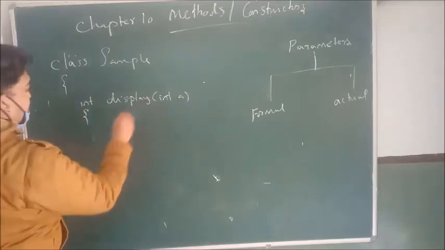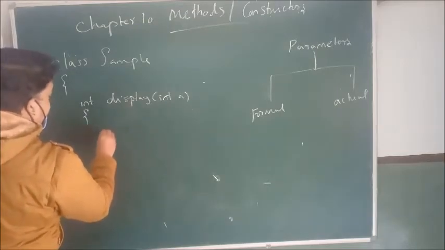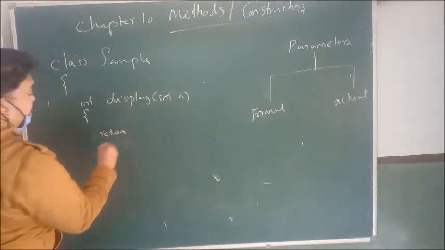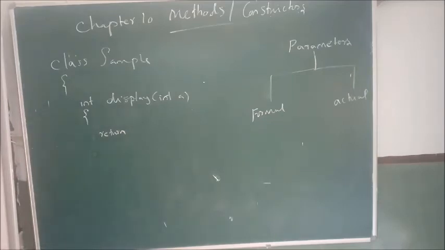Whenever there is a function return, we have to use a return statement. We learned this return statement associated with the jump statements, like break, continue, and return. Yes. So here we are giving that right example.